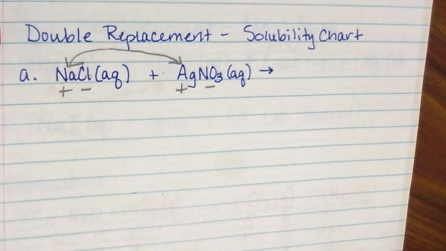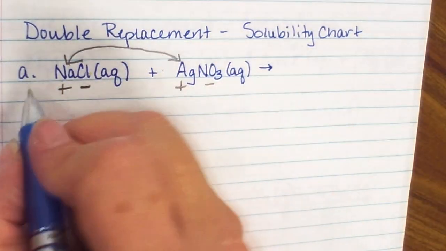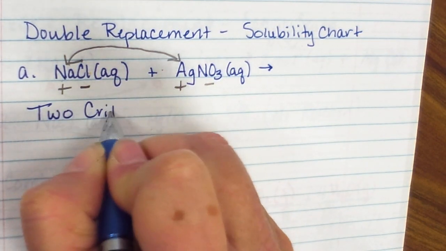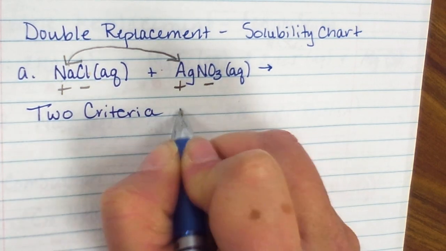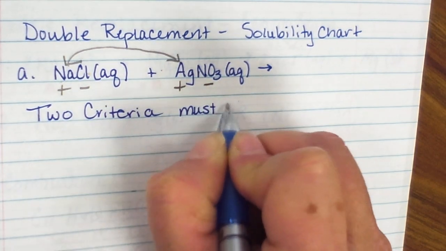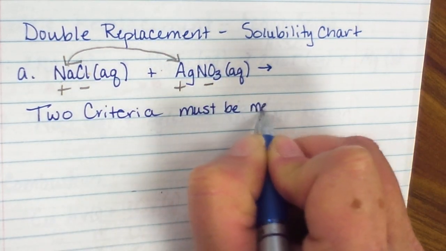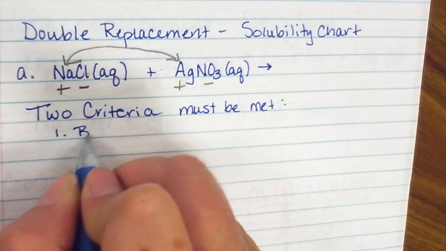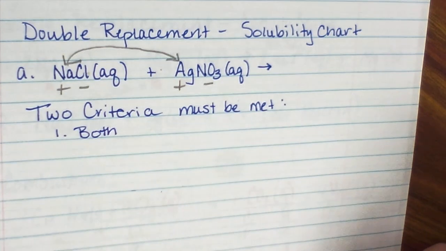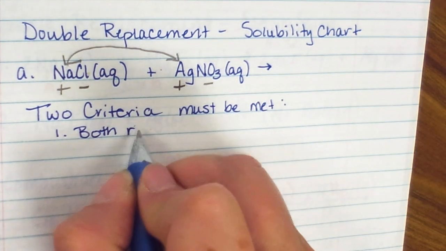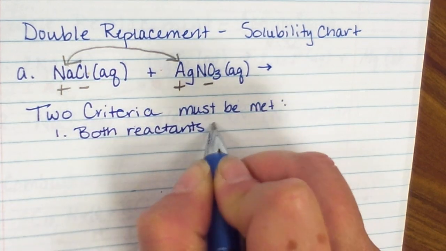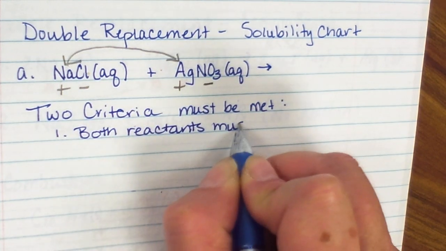Now, in a double replacement, two criteria must be met. They are as follows. Number 1, both reactants must be soluble.